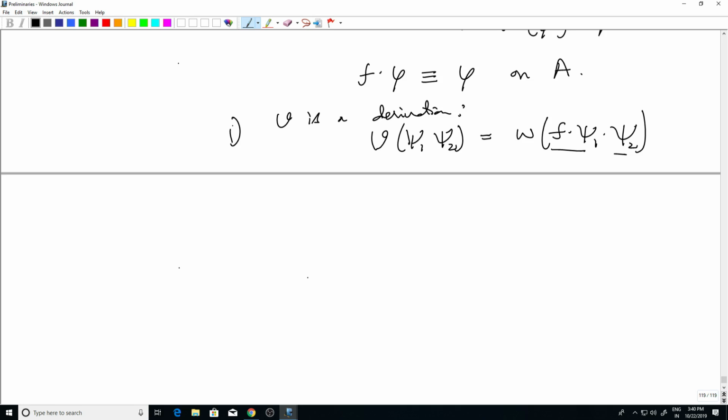By definition, if I start with two C infinity functions, let C1, C2 belong to C infinity U. By definition, I have this. Now, what I notice is that, instead of having a single F, suppose I have F squared.